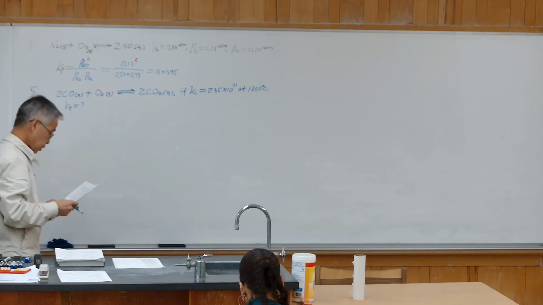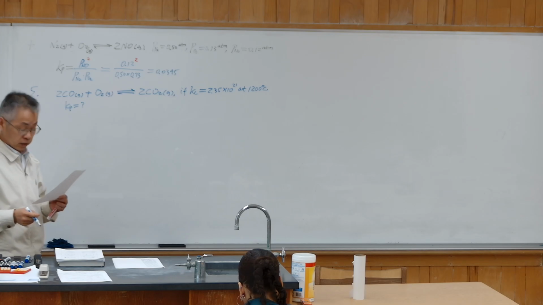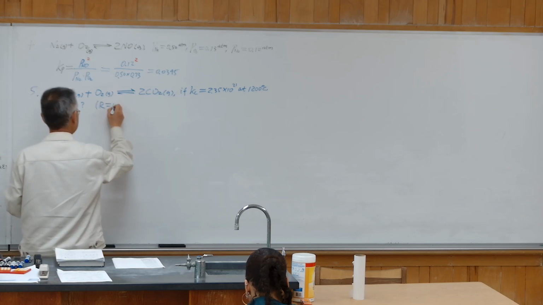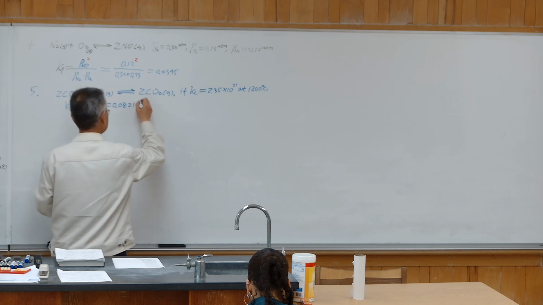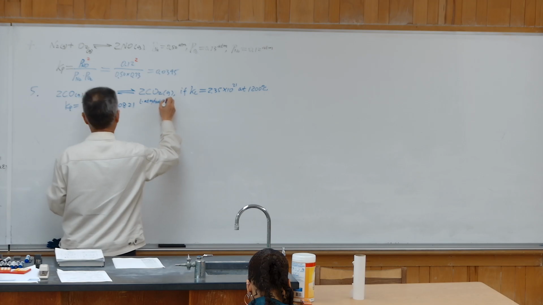So clearly here it tests the Kp and Kc relationship. They tell you the gas constant R is 0.0821 liter atm per mole per K.